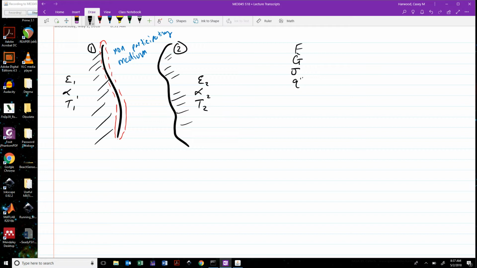J is radiosity, that is the emissive power plus the reflected portion of the irradiation. And q double prime is basically the net amount of heat transfer, however much more energy is being radiated outward than is incident upon the body.